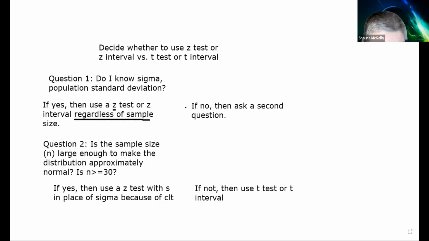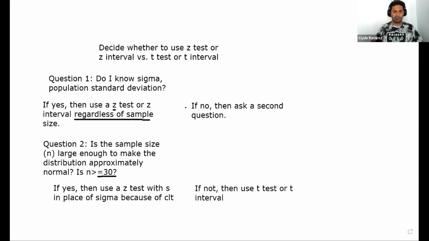If you don't know sigma, the other thing to look up is this number here, to make sure that your book is using 30. Because like I said, some books use 25, some books use 50. So look it up to see which one your book uses.